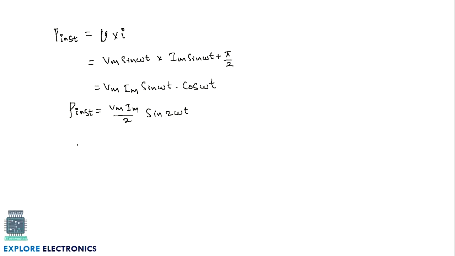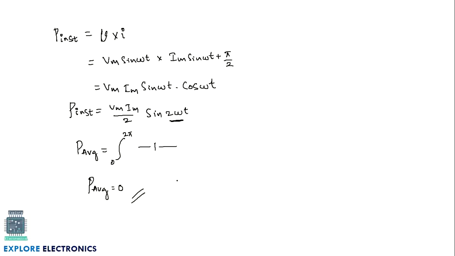We are interested in calculating the average power, so we need to integrate the same expression from 0 to 2 pi. If we integrate the term with twice the frequency from 0 to 2 pi, it becomes 0. So P average will be equal to 0.